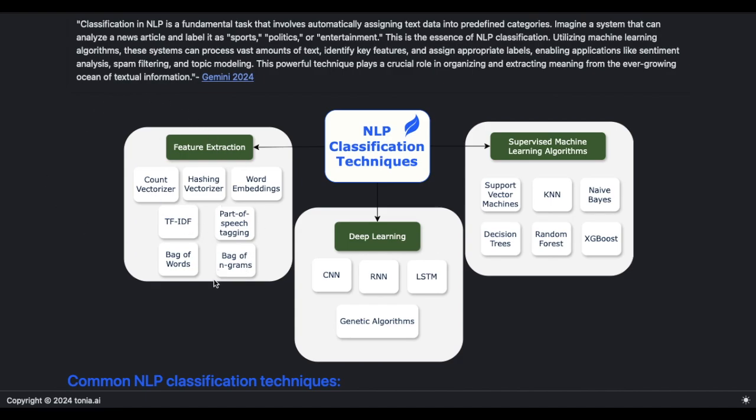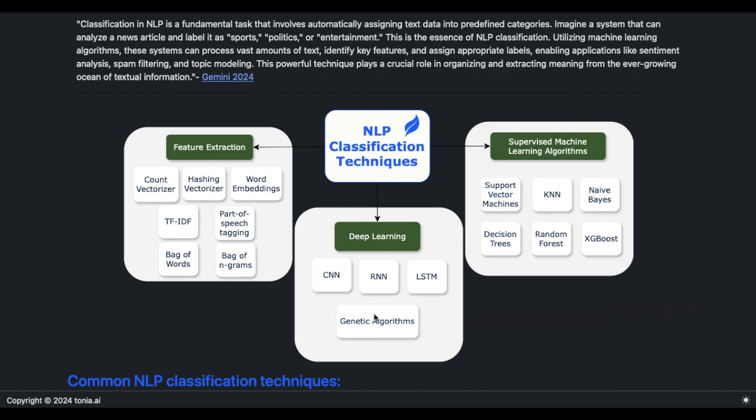These are different feature extraction methods that can be applied prior to applying different machine learning algorithms or deep learning techniques against those features for tasks like NLP classification. In supervised machine learning algorithms for classification, we might use support vector machines, KNN, naive Bayes, decision trees, random forest, or XGBoost, and we'll look at these in a moment.